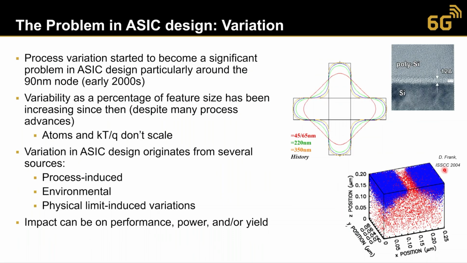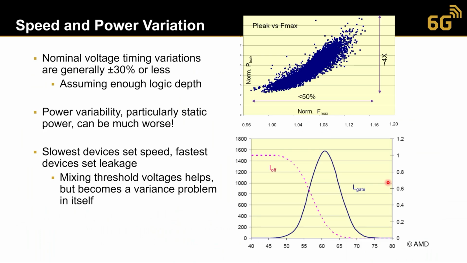And then implantation and the number of atoms. When the atoms become very small, even a difference of a few atoms can be a big change. And the main thing you see as the result of variance, even at nominal voltages, is power and speed.